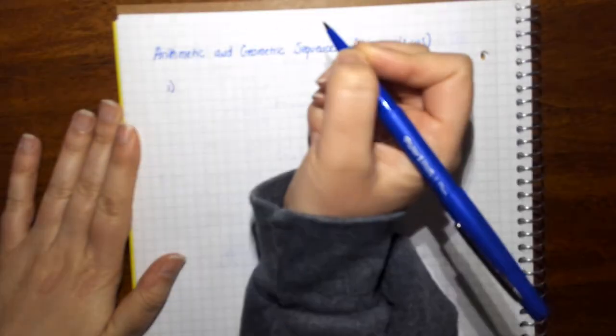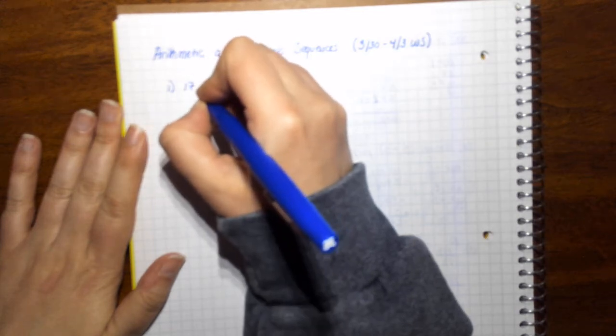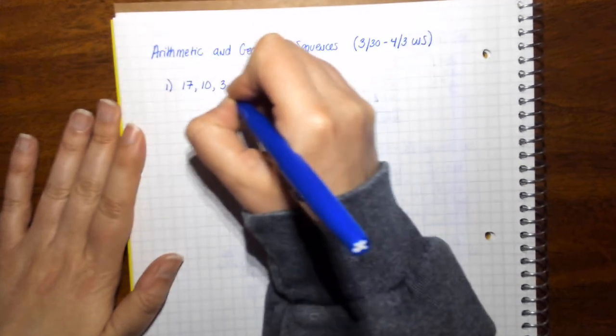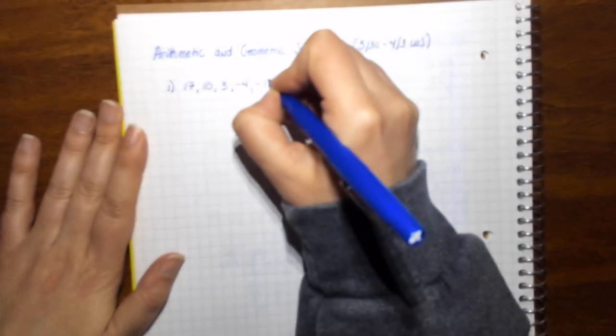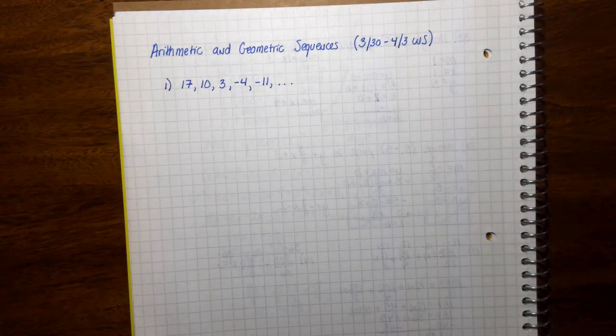So number one, we have a sequence 17, 10, 3, -4, -11. Okay, and the goal for problems 1 through 8 is just to state if the sequence is arithmetic or geometric.